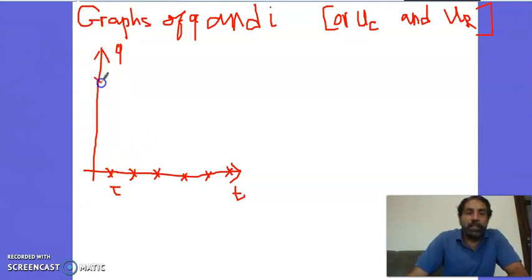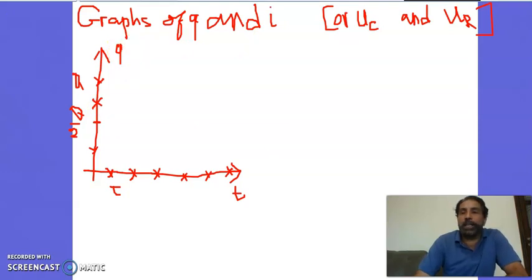Say this is, for example, the maximum charge Q. This is here 50% of Q, means this is Q over 2. So here we have 25% and here we have 75%. That's the graph of Q.